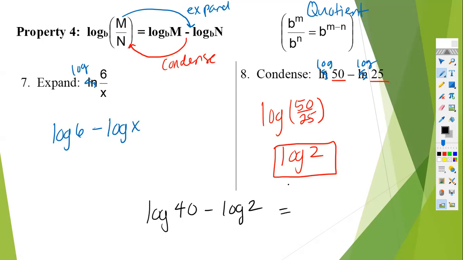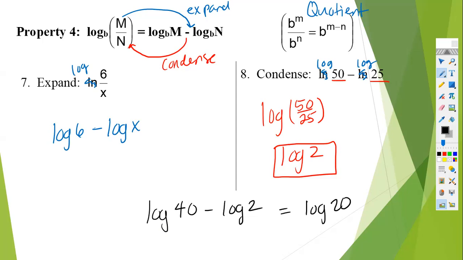There we go. Tell us why. Exactly. When we're subtracting the logs of the same base, we're dividing the arguments. Subtracting the logs of the same base means we're dividing the arguments. So 40 divided by 2 is 20. And that's how we condense it.